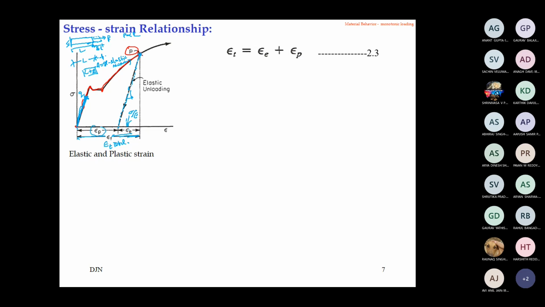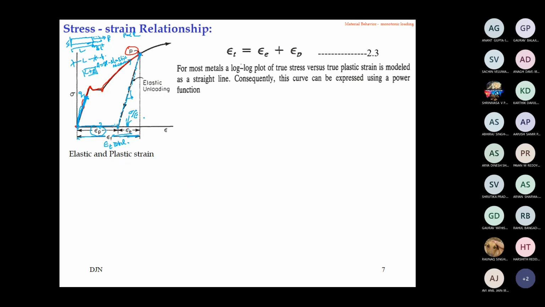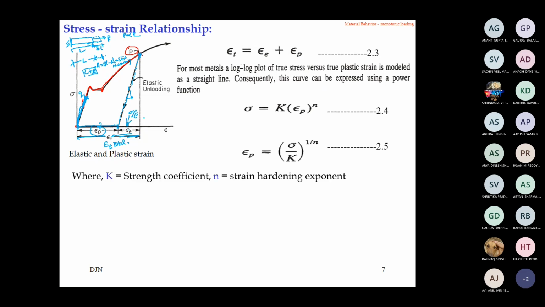Then what about the plastic part? How to obtain this particular value? Luckily, there is an equation for the plastic strain. Similar to the Basquin equation, a power law, here also there is one power law which correlates the plastic strain with the corresponding stress.